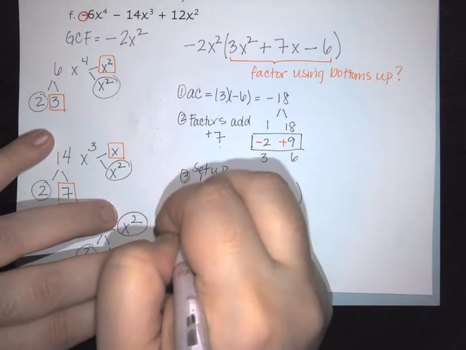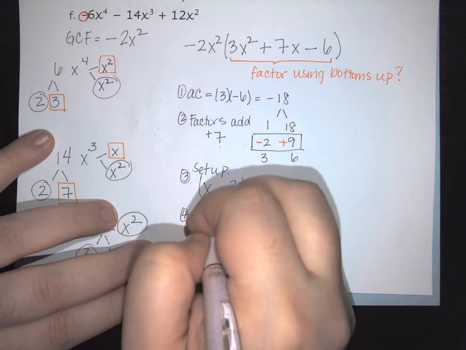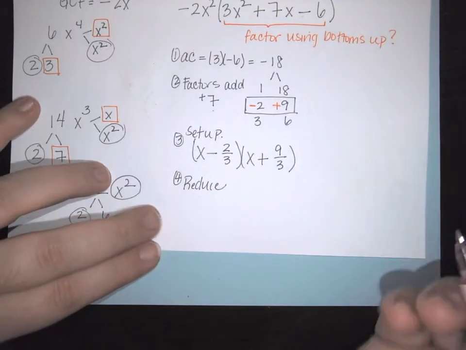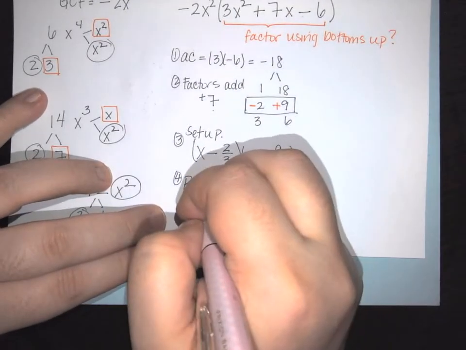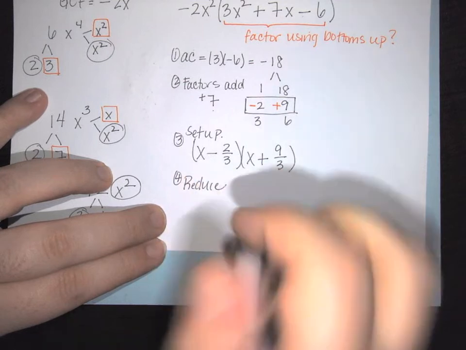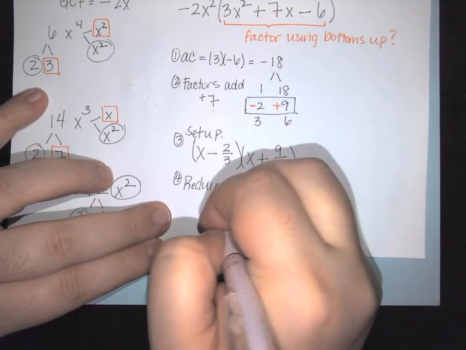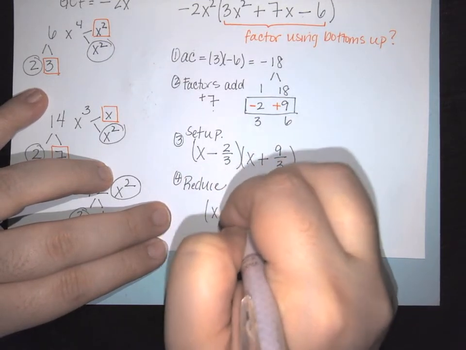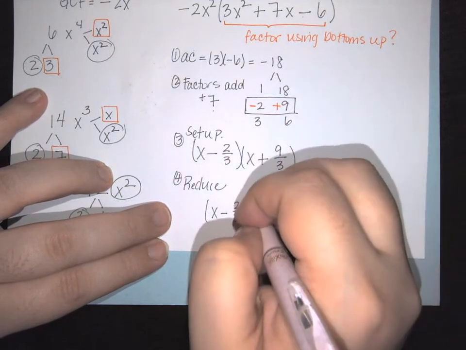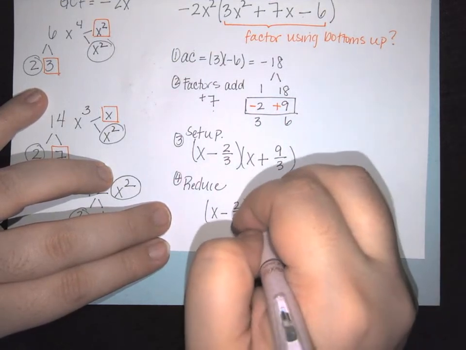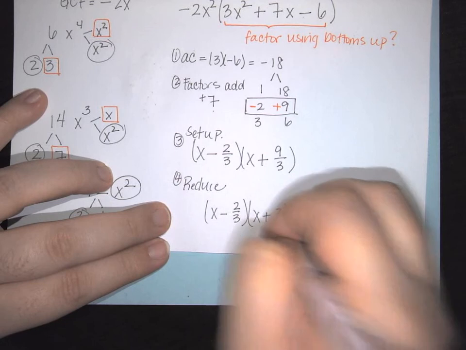That fourth step is where we're going to reduce. So here we end up with, I can't reduce my first term, so this is still going to be x minus 2 over 3. But my back term, 9 over 3, reduces, so this becomes x plus 3.